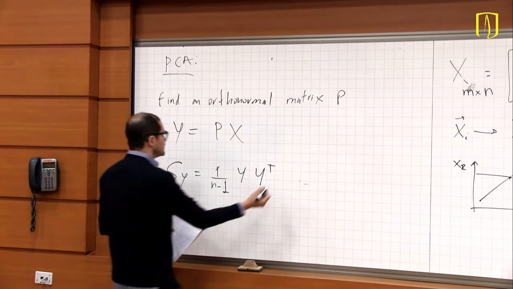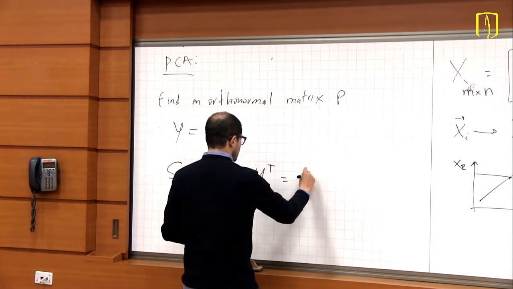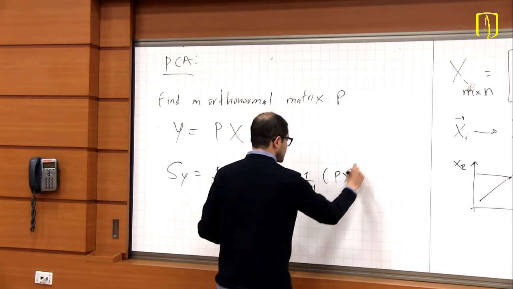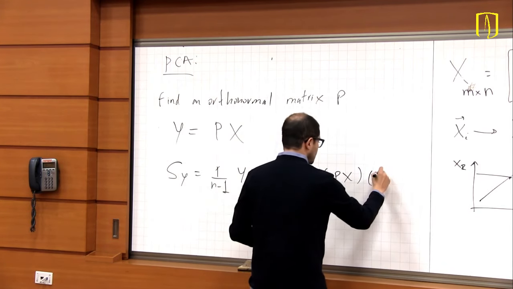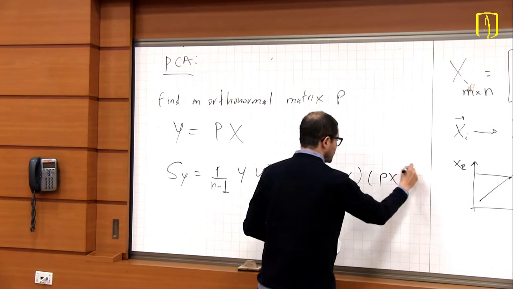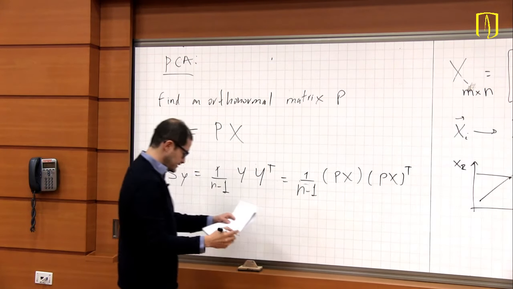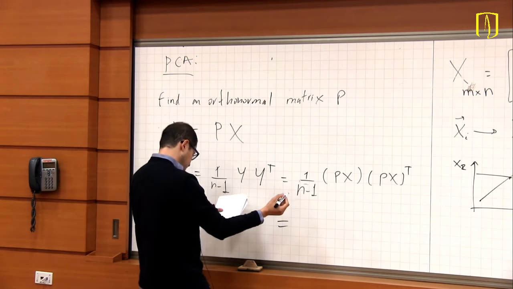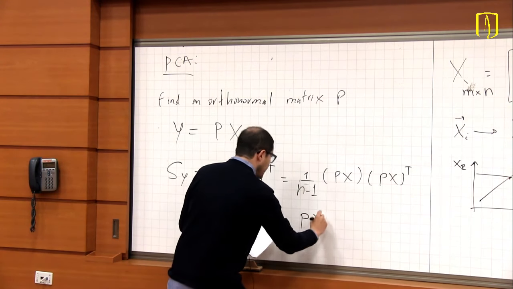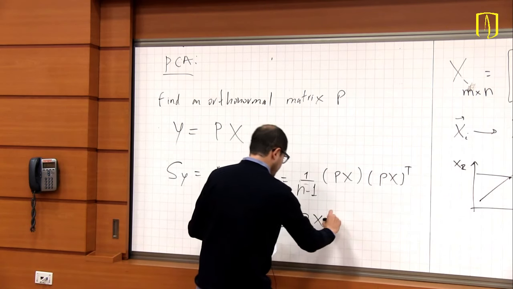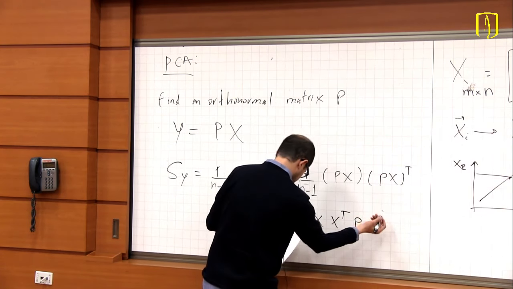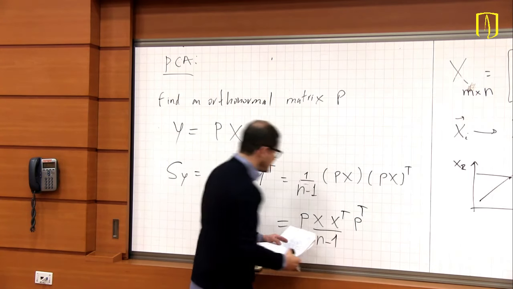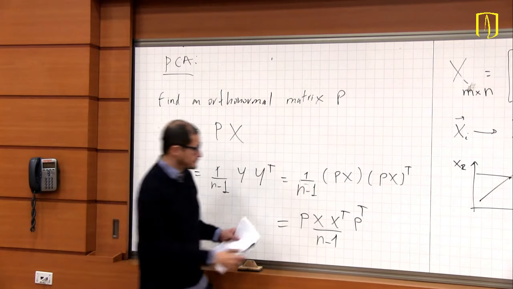So it's 1 over n minus 1 of Px times Px transpose, which is basically P x x transpose P transpose divided by n minus 1. And this is what?